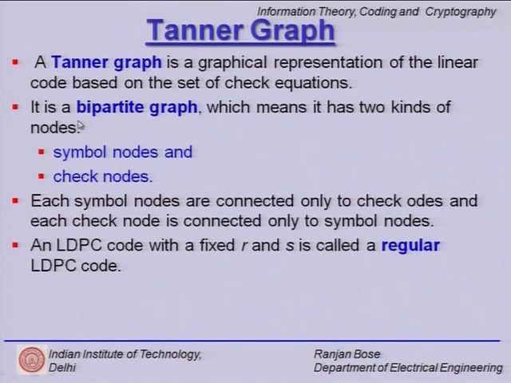So, the Tanner graph is a bipartite graph, which means it has 2 kinds of nodes, the symbol nodes and the check nodes, and these are connected. Each symbol node is connected only to the check nodes and each check node is connected only to the symbol nodes. An LDPC code with fixed R and S is called a regular LDPC code, as we have seen earlier.